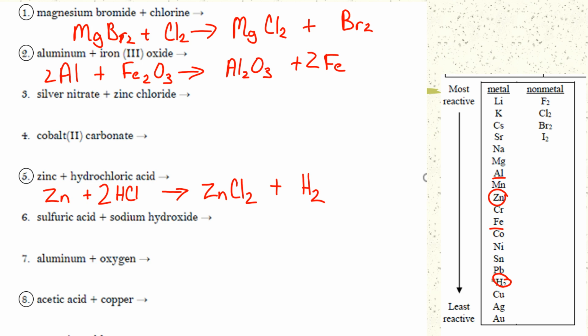Wait, how do you know that zinc is always a +2? Because in my periodic reference table, if I look at the box that says select transition metals, and I find zinc there, it tells me that zinc only ever has a +2 charge.